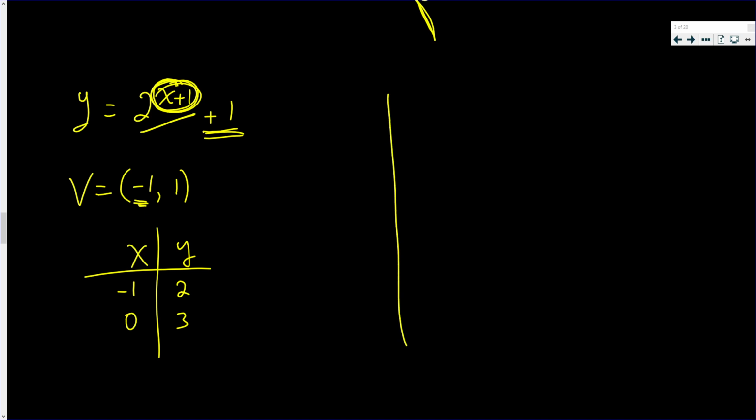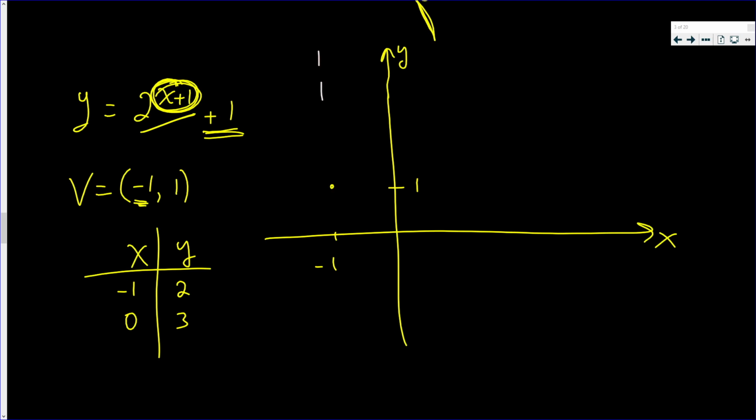So, before I plot those 2 points, let's get the new origin in place. It's negative 1, 1. It's right here. We're going to pretend that this is the y-axis, and this here is the x-axis. Remember, a to the x gets closer and closer to the x-axis.